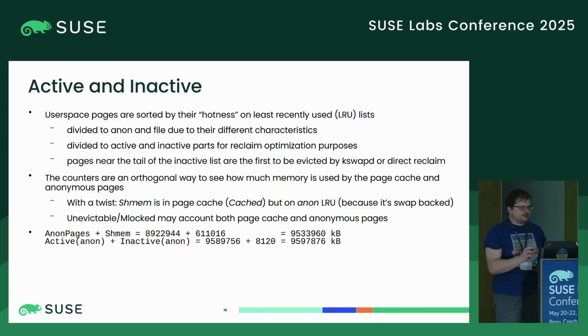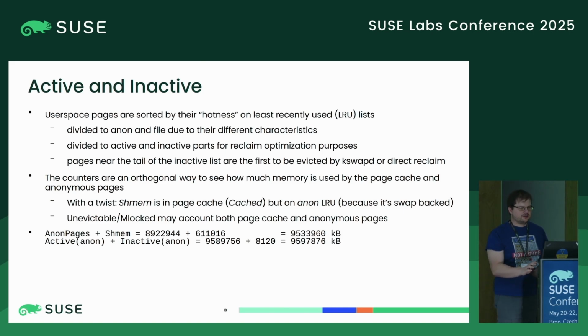So we can do this cross-check: try to sum together anonymous memory and shared memory and see if the result is the same as the sum of the active and inactive anonymous LRU counters.